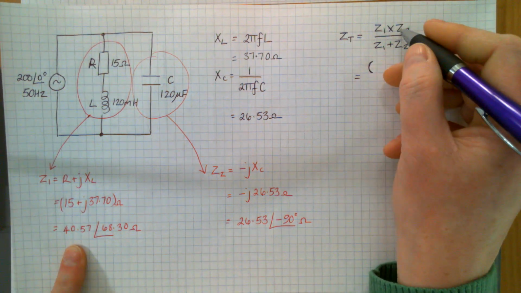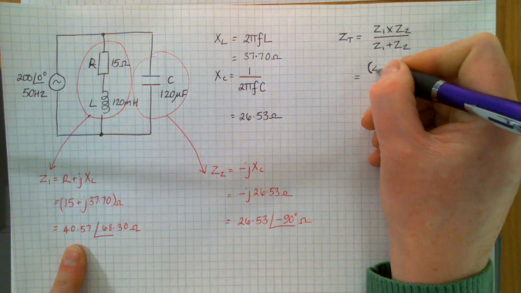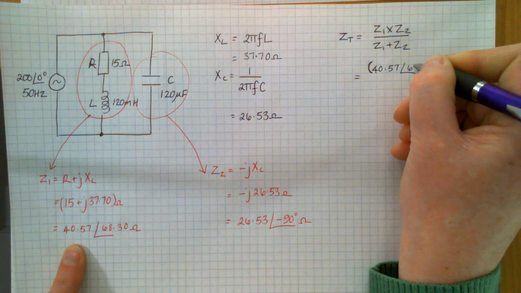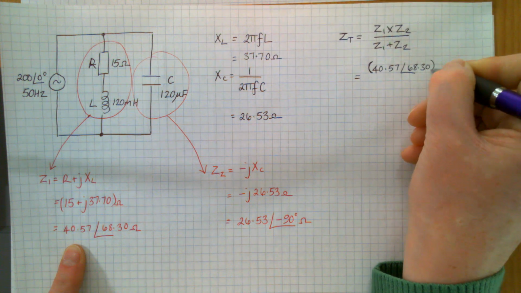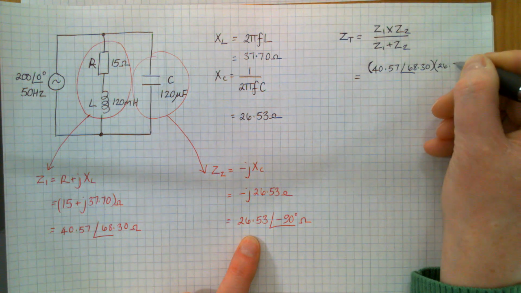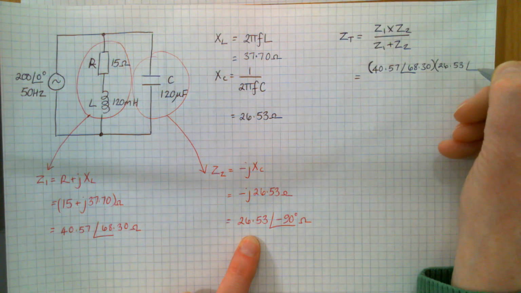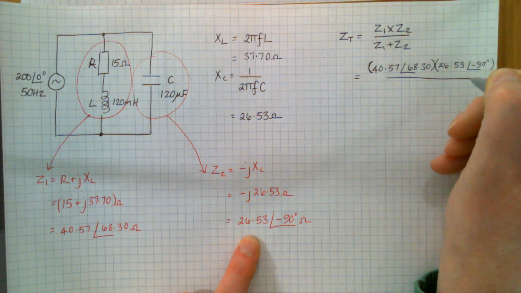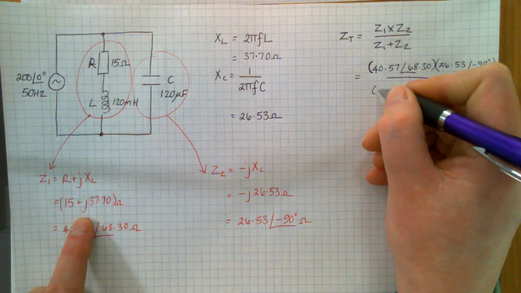Because you're multiplying in the top, you want to be in polar form. And then you're adding in the bottom, so you want to be in rectangular form.